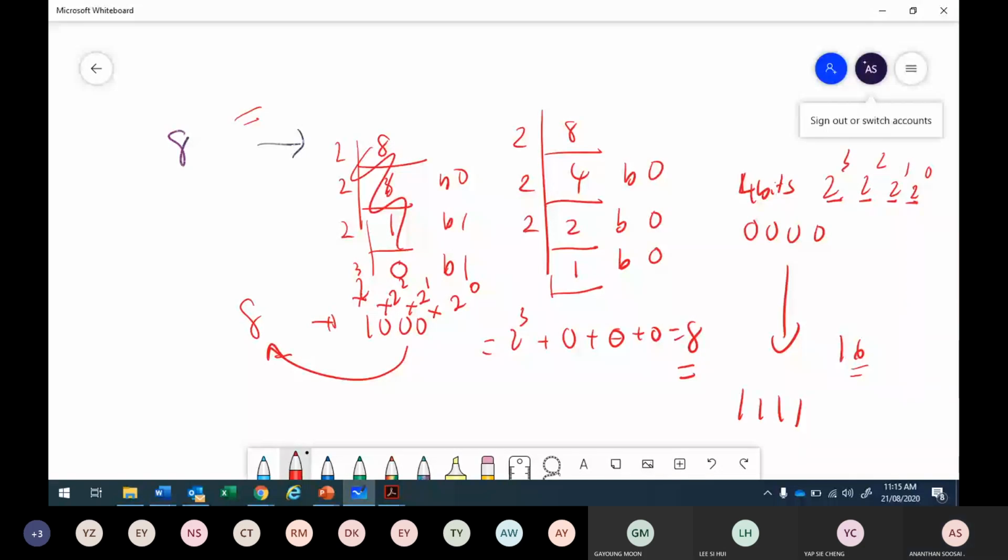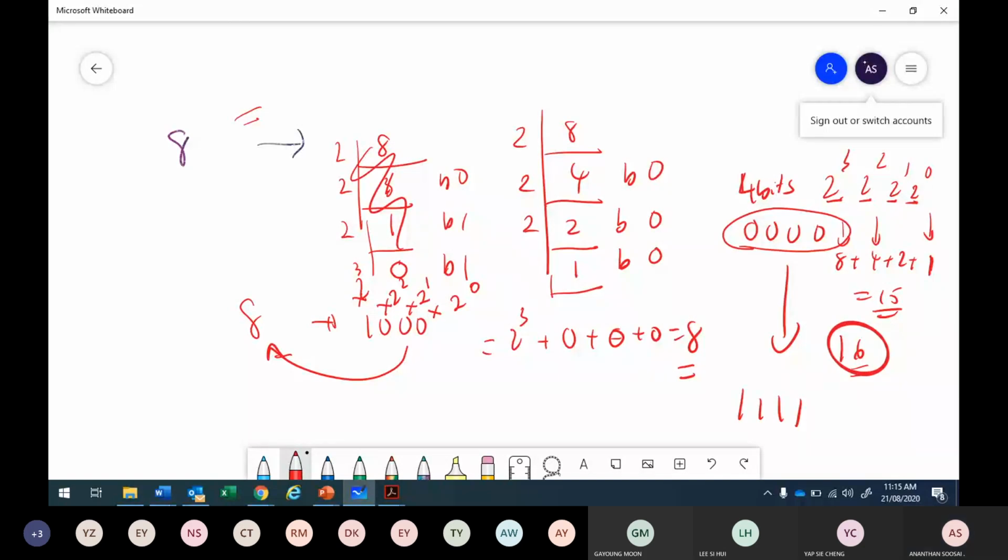So this is 8 plus 4 plus 2 plus 1. How much do you get? You get 15 different energy levels, excluding 0000. Adding 0000, you get 16 energy levels.